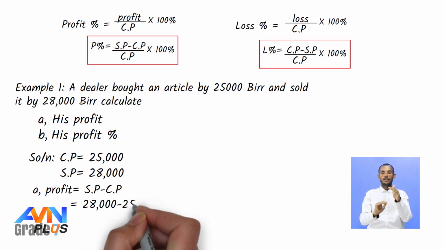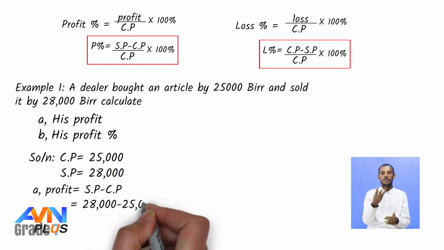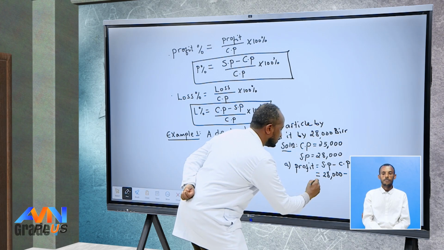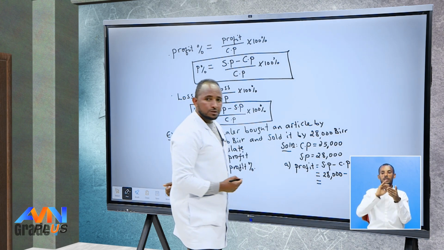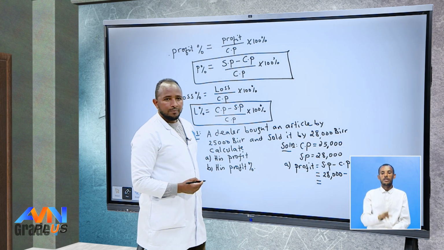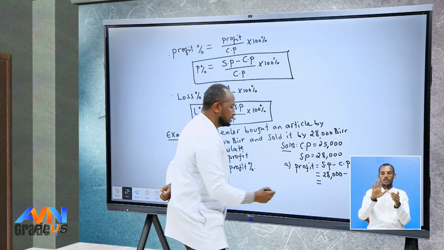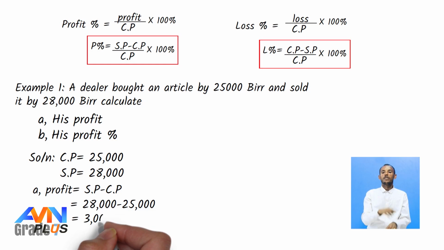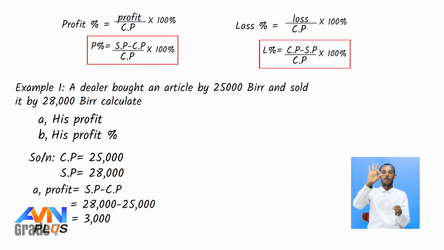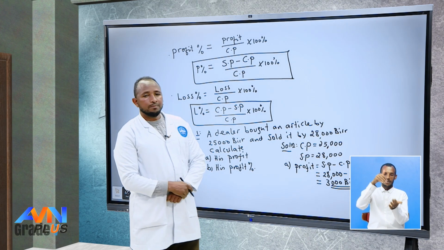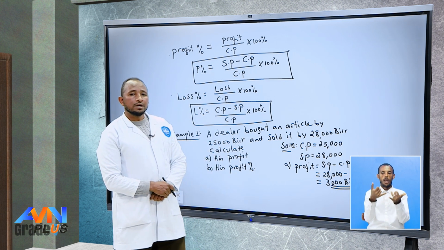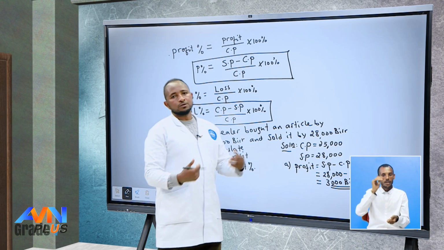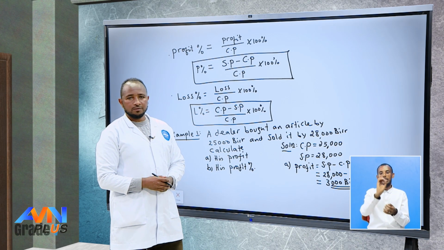Minus the cost price, how much it is? 25,000. Therefore, what is the difference of these two? Simply 28 minus 25 is 3. Therefore, the profit is 3,000. So, he has got a profit of 3,000 birr.